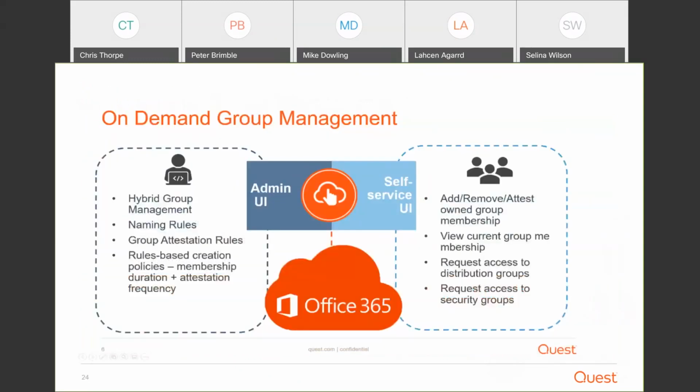We can integrate back to the on-prem AD via the admin user interface and link those together, and it allows people to create AD-based groups with the same creation policies, membership duration, and attestation frequency.